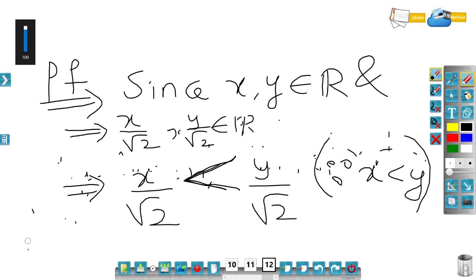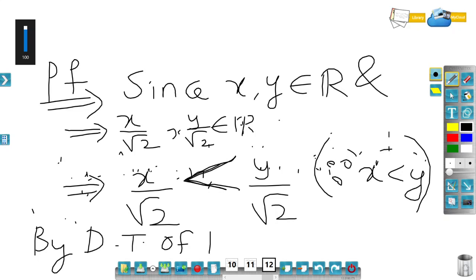So I got two real numbers such that x by root 2 is less than y by root 2. I can apply the density theorem of rational numbers and say that there exists a rational number between x by root 2 and y by root 2.